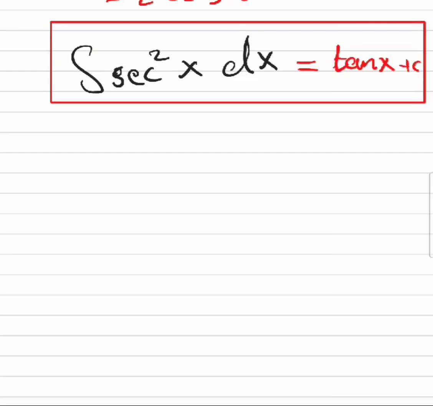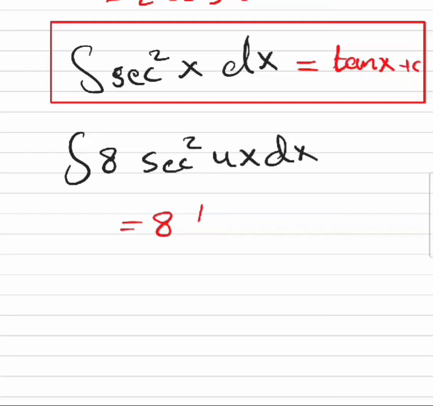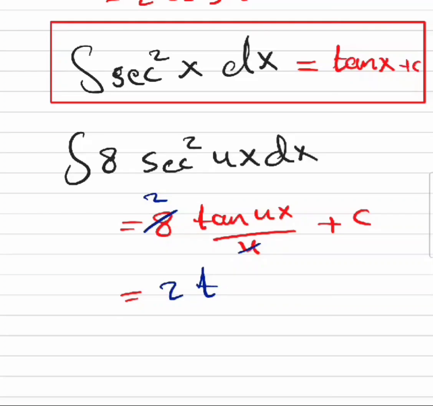So if we want to find the antiderivative of 8 secant squared 4x, this is going to be 8 times tangent 4x, but divided by 4, plus c, which becomes 2 tangent 4x plus c.